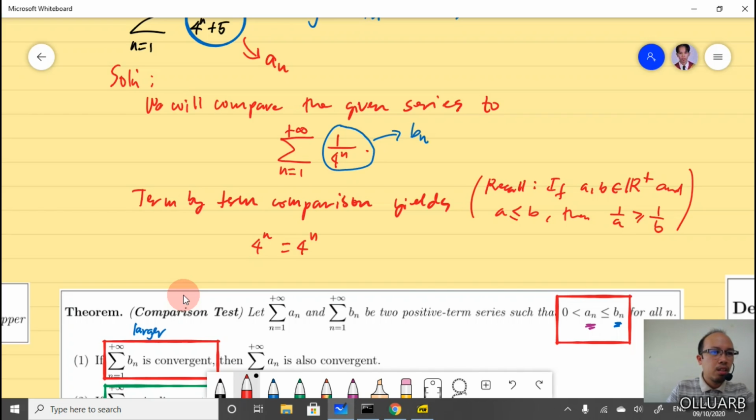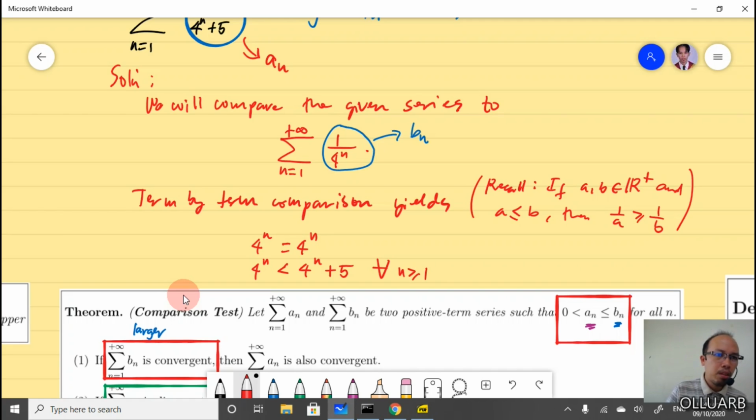However, if you add 5 here, the right hand side is greater, for all n greater than or equal to 1.